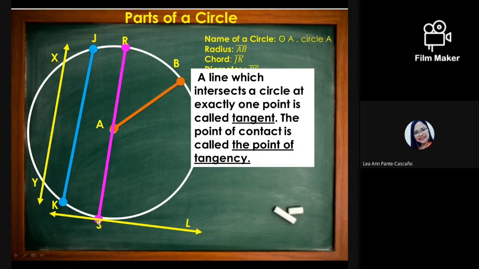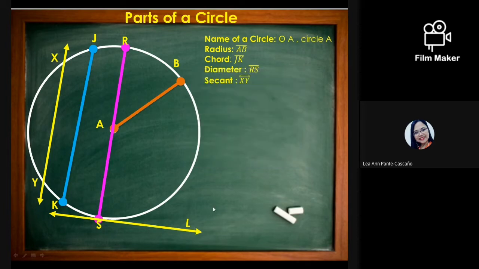So we have here point S, and we have here the name of the tangent line L. So the tangent line here is line SL or tangent SL. Pwede rin pong tangent LS. Now, the point of tangency, the point of intersection of a circle and the tangent line, is point S.